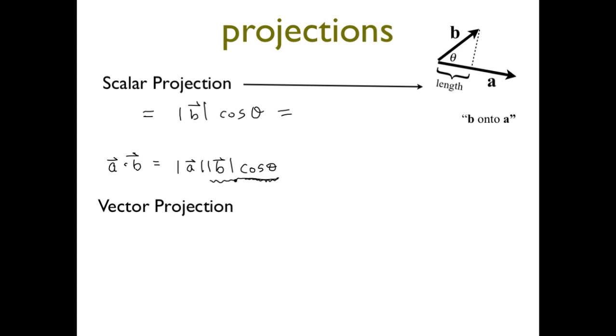So how could we get that value a different way? Yeah, if you just solve for that expression, it would be A dot B over the magnitude of A. So that is the amount of B in the direction of A. The magnitude of the vector B is in as much as in the direction of A.